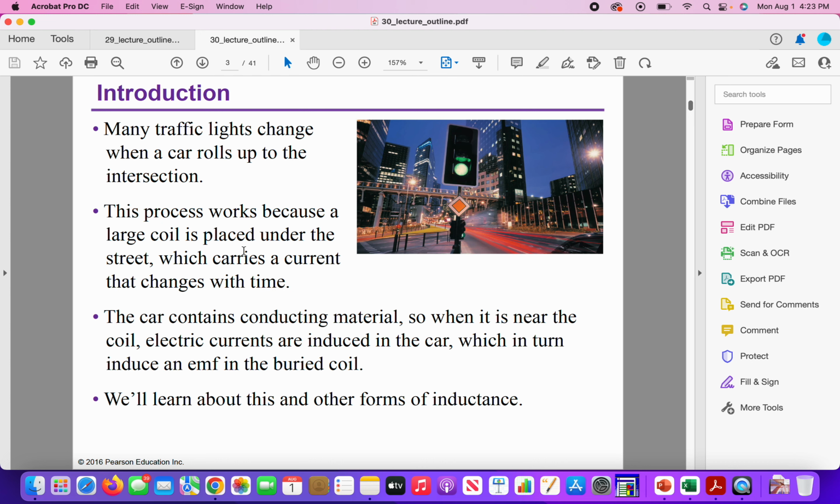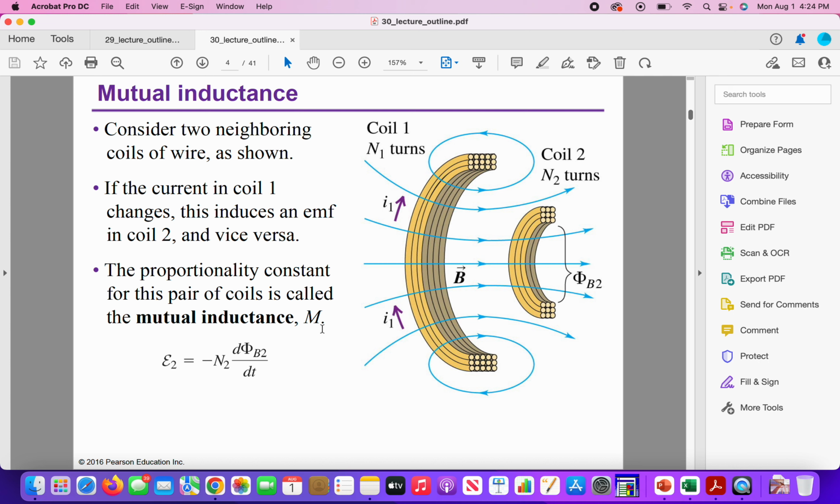Of course, your car has conducting material, and it is going to induce some currents, which in turn induce an EMF in the coil that is underground. And that is really the principle for what we are going to study today.